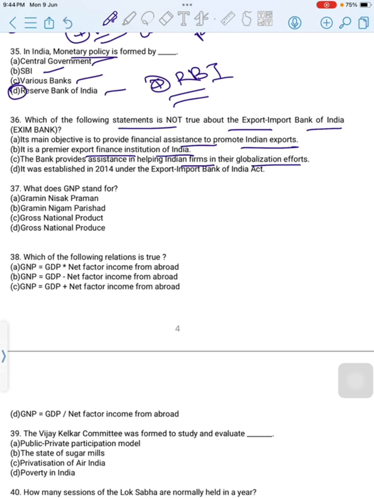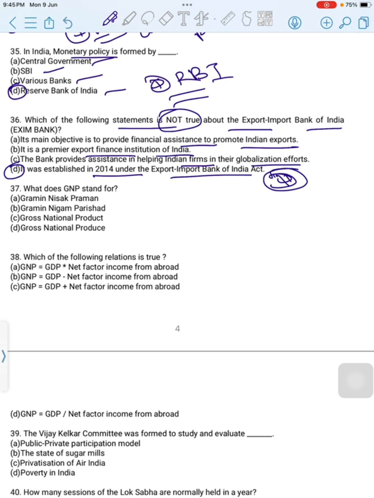Last option is it was established in 2014 under the Export-Import Bank of India Act. Then correct one is not true. Then correct option is option D. It was established in 2014 under the Export-Import Bank of India Act.